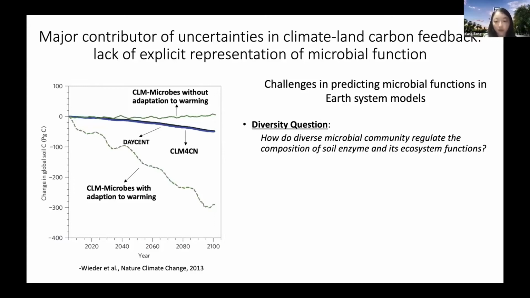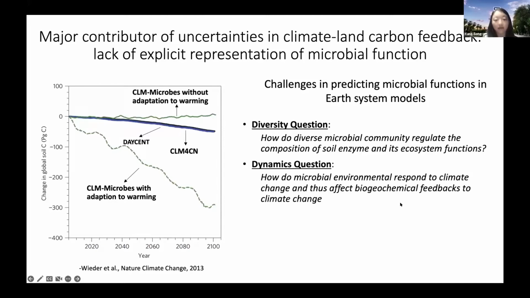Because microbial communities are very difficult to observe, we don't know how a diverse microbial community will regulate the composition of soil enzymes and their ecosystem function. Another relates to the dynamic question: basically how the microbial community will respond to climate and environmental change, and how this will further affect biogeochemical feedback. This is also a question.